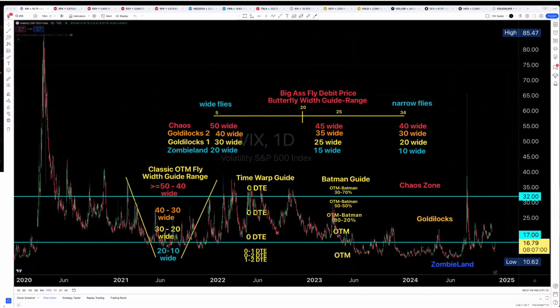And through empirical studies, I have discovered what are the optimal widths or range of widths of these out-of-the-money butterflies to put on that will give us the proper risk exposure, proper pricing, etc. So when we're in this range, we're between 10 and 20. I would say today probably closer to 15 to 25. Notice I always say a range because I'm not really sure exactly what end of that range is.